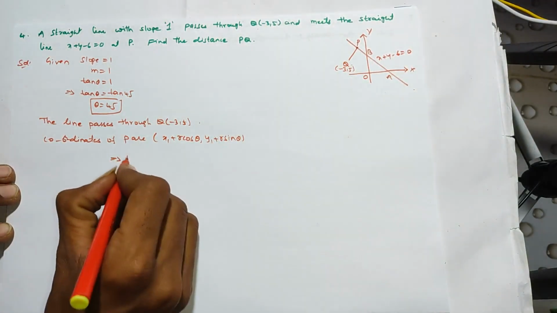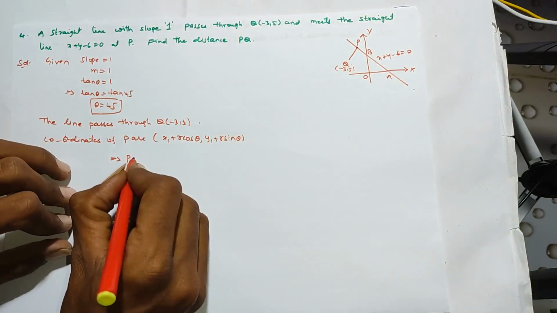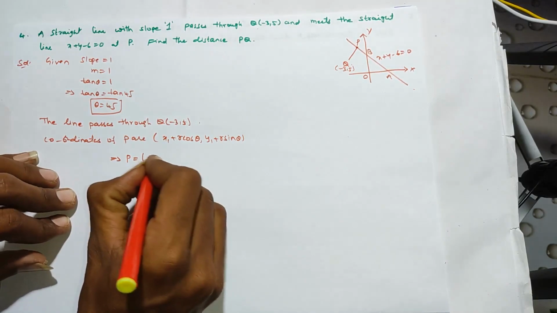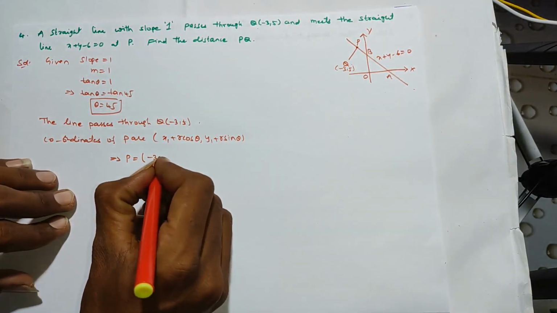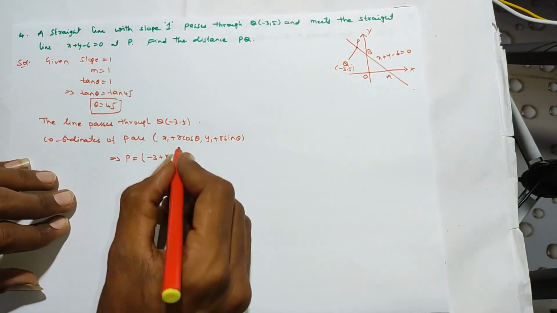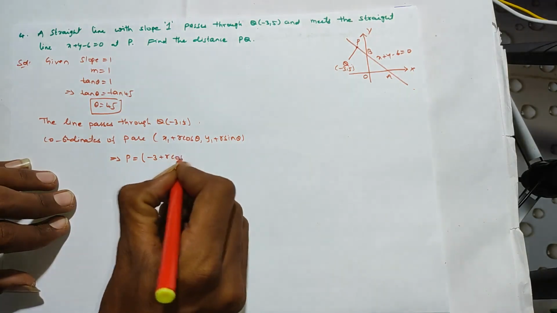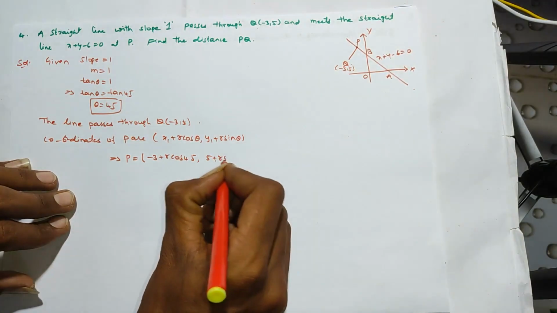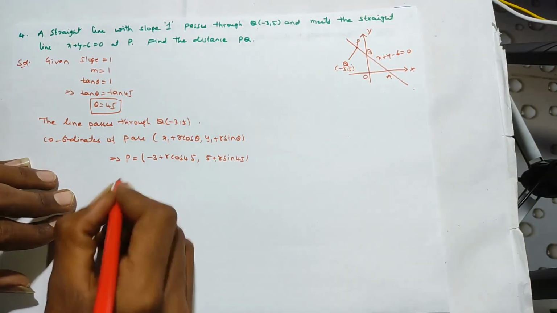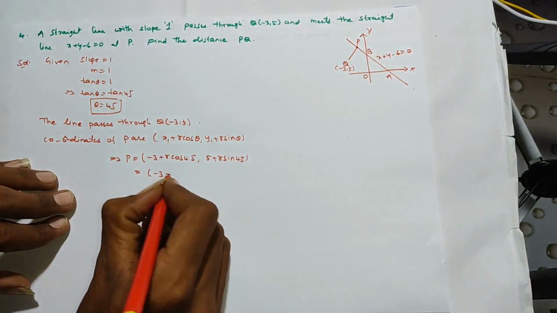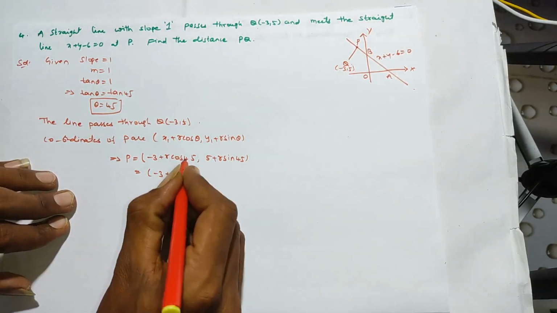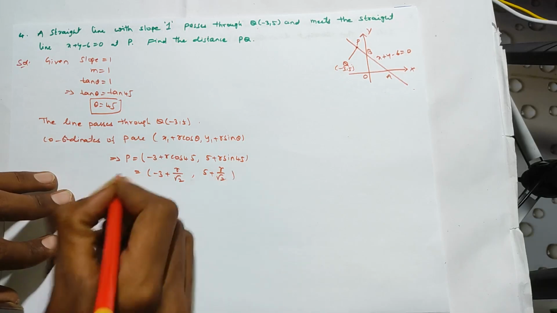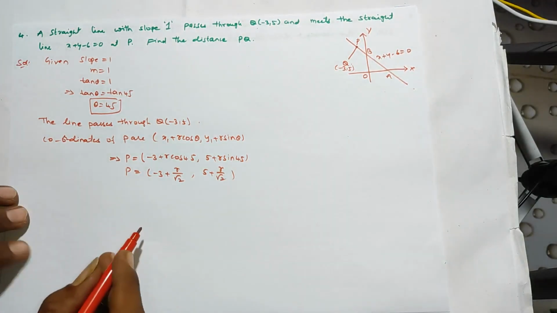That implies P is equal to the coordinates of P, x1 is minus 3 plus r, write down r only, cos theta, cos 45, right? Comma y1, 5 plus r sin 45, that is equal to minus 3 plus r by root 2, because cos 45 is 1 by root 2, comma 5 plus r by root 2. This is the coordinates of P.